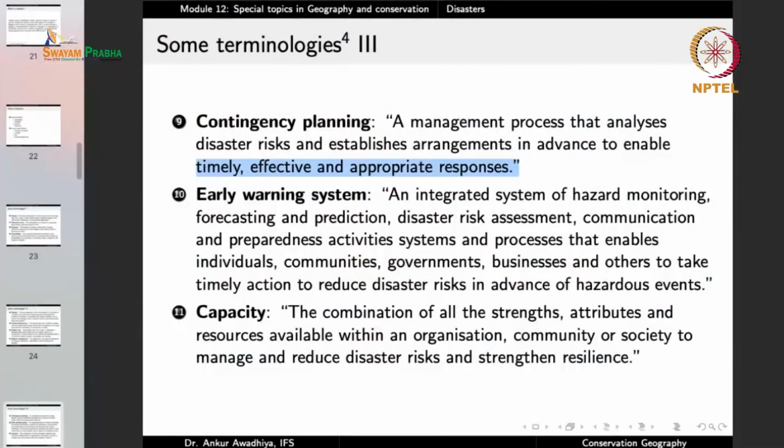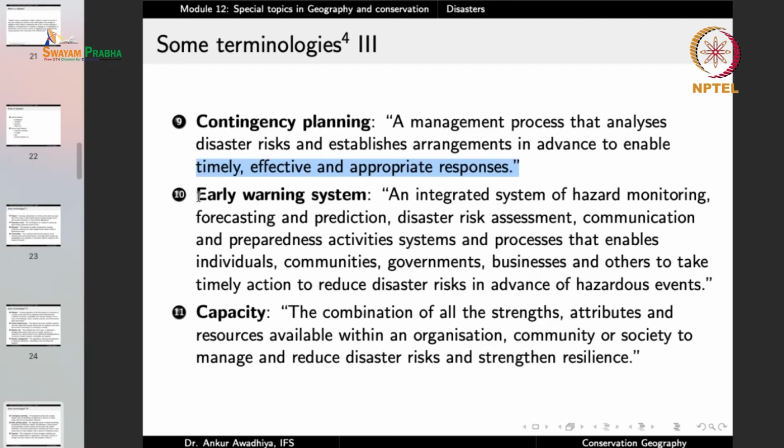So it has to be an appropriate response, and it has to be effective in such a large amount as to be effective to save people, to save property and to bring their lives back on track. So that is contingency planning. Everything involved to analyze the disaster risk and establish arrangements so that you have a timely, effective and appropriate response.